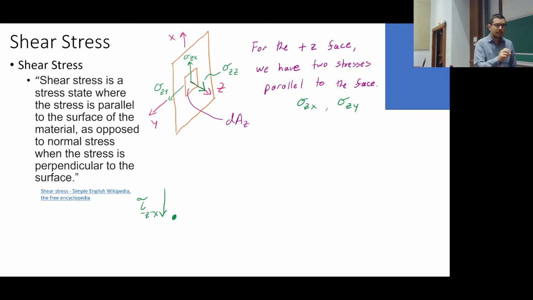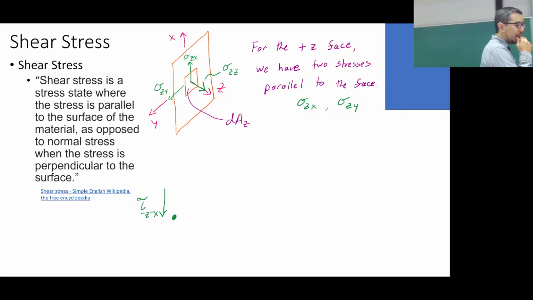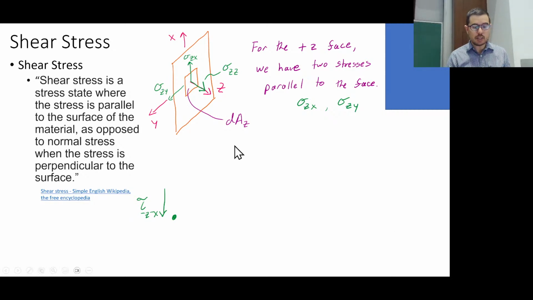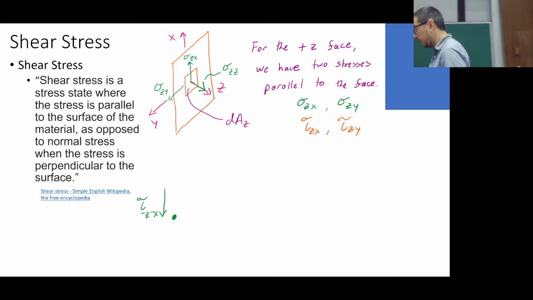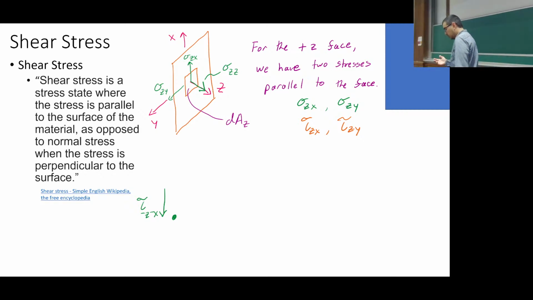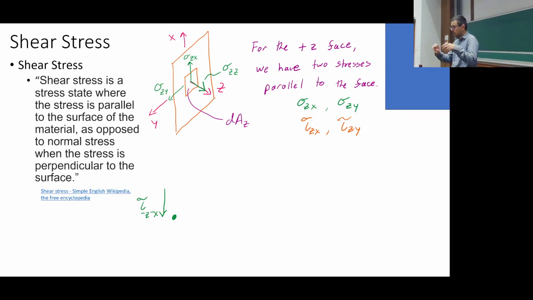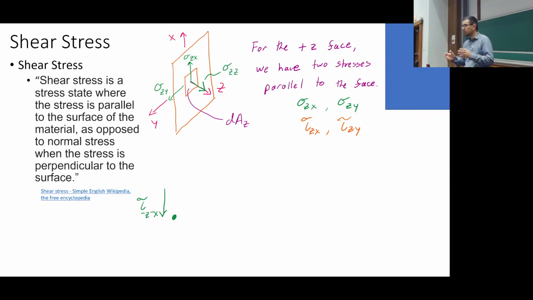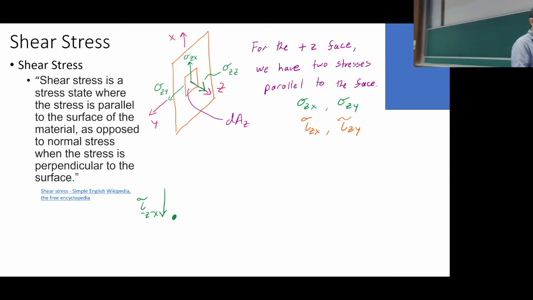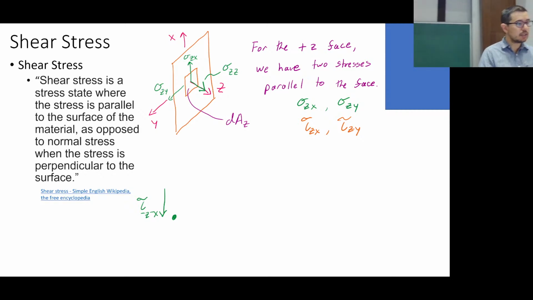So it's important to be able to calculate and understand what shear stress is, and we'll do that in a couple of different structures. We'll think about shear stress mostly in twisting of shafts or rods, and also along beams. Those will be the primary ones that we think about.